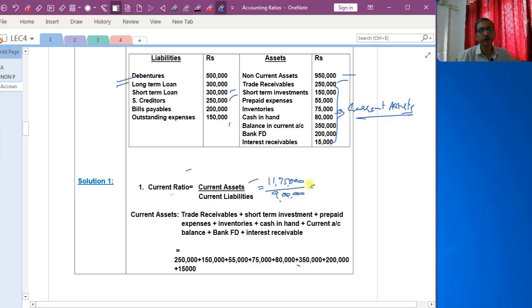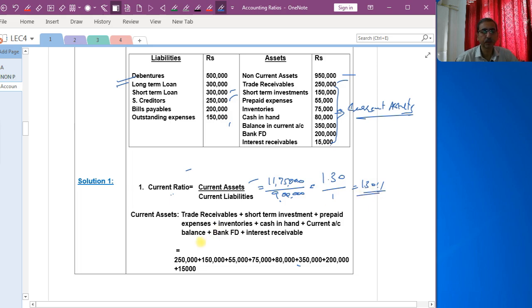Now when we divide 11,75,000 by 9 lakh, we get a ratio of 1.30 is to 1. This is the current ratio.